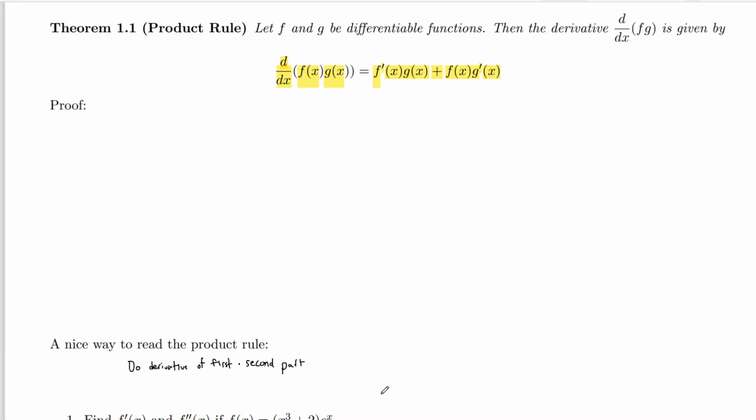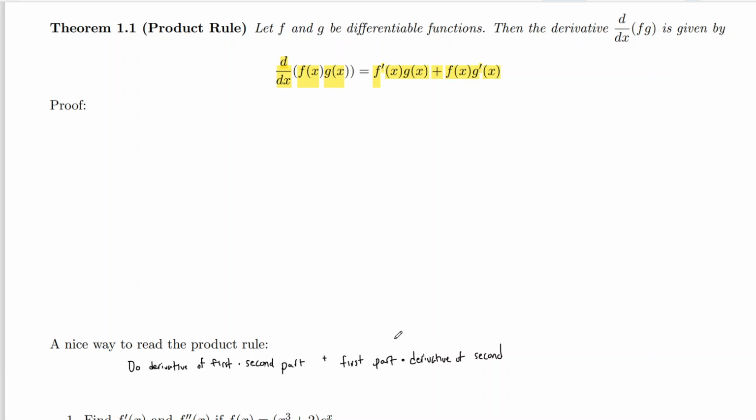Then we add plus, and then you do the opposite thing, meaning we just do the first part, f of x, no derivative on it, and then times g prime of x, which is the second part, the derivative of the second. It's very, very useful to think about the product rule in this way.